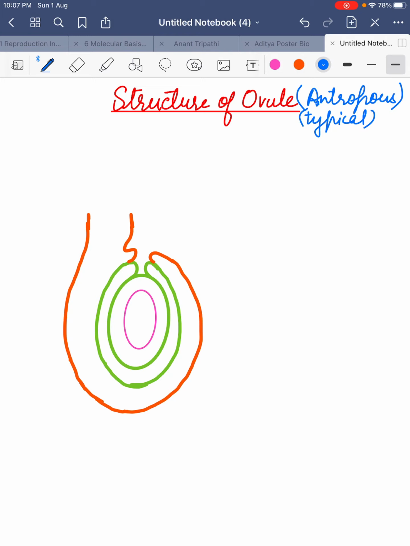At first, when we see the structure of ovule, we see here an opening, and this opening is micropyle. Micropyle is the opening, or it is also said to be the mouth.